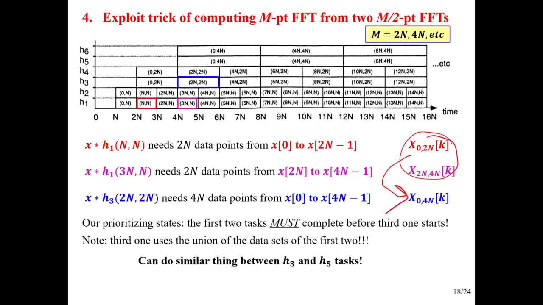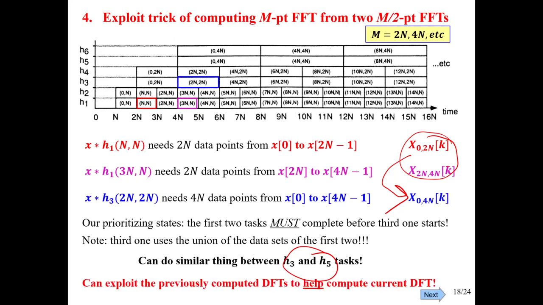And we would have a similar thing between 3 and 5 and so on and so on. So the answer is yes, we can exploit these previously computed half-length DFTs to compute the bigger DFT. And let's see how to do that.